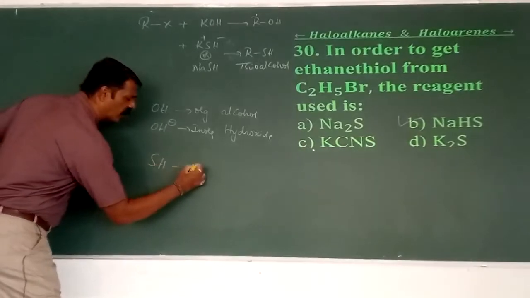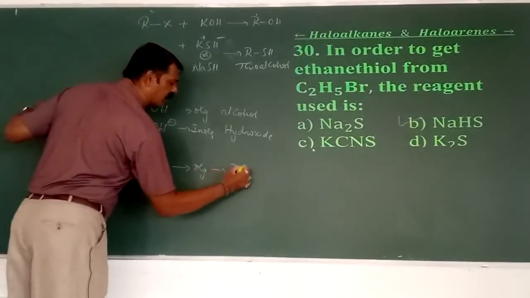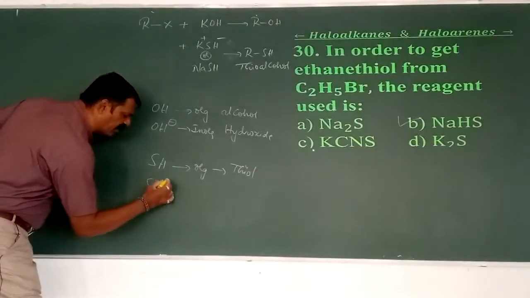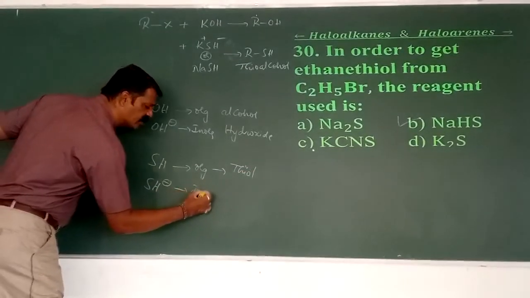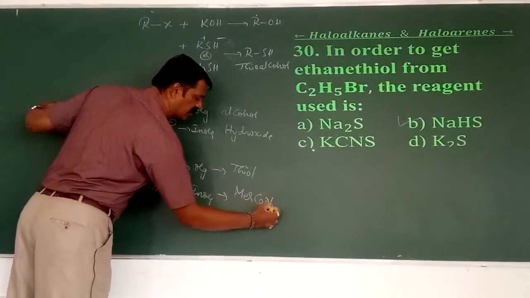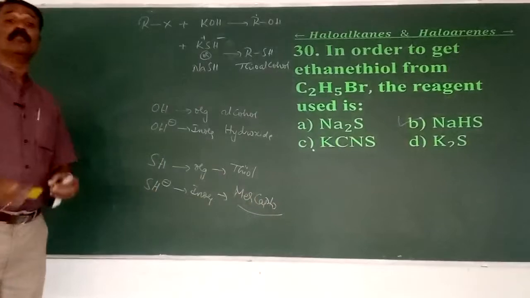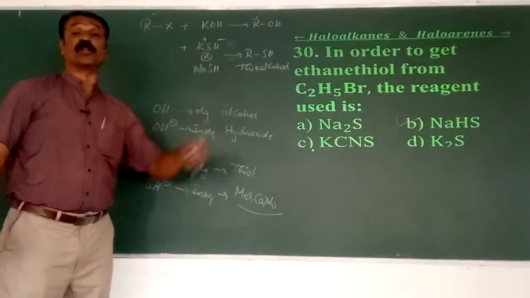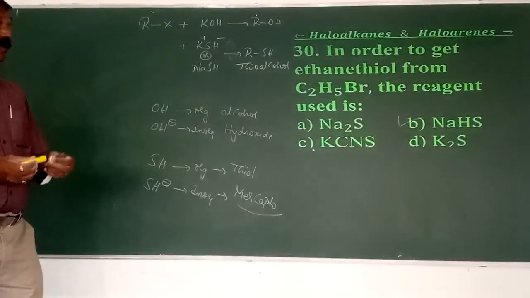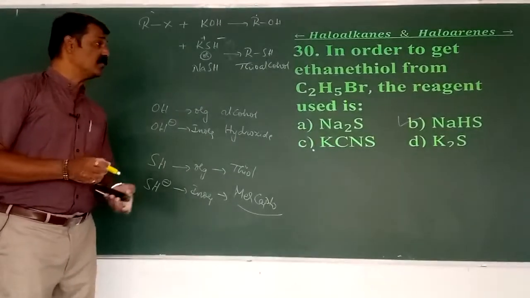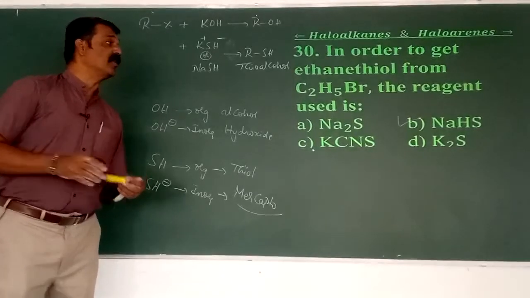SH in organic chemistry is a functional group called thiol or thioalcohol, whereas SH minus in inorganic substances is called mercapto. SH minus is called what? Mercapto, so it is called sodium mercaptide or potassium mercaptide. They form the respective alcohol called thioalcohol. Okay, so that is about MCQ number 30, and the option is going to be B.